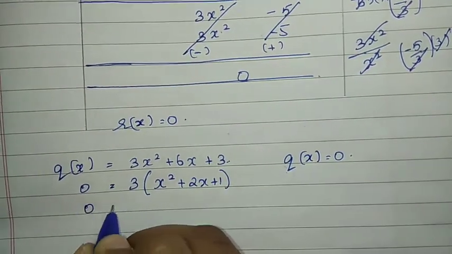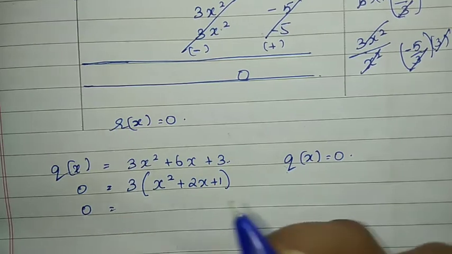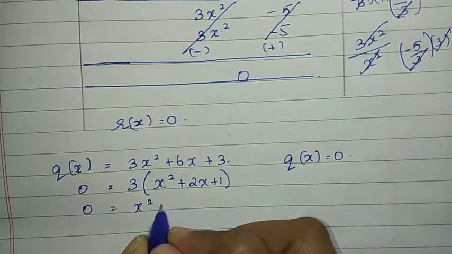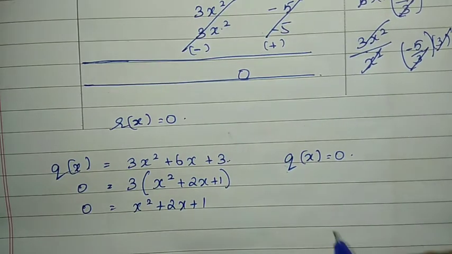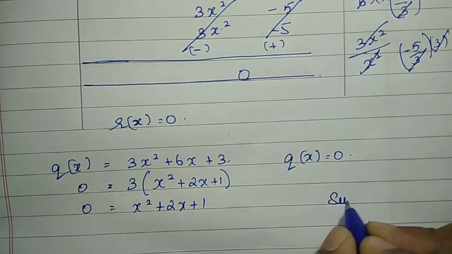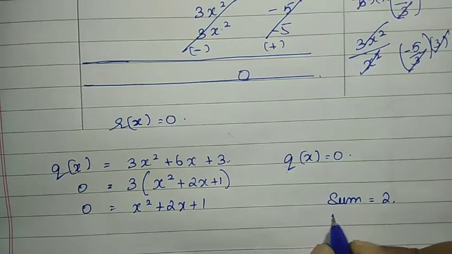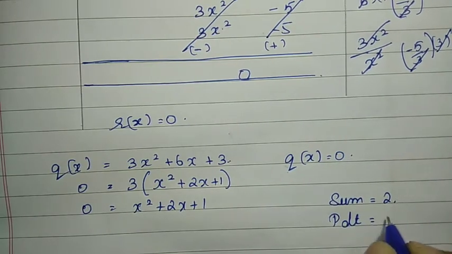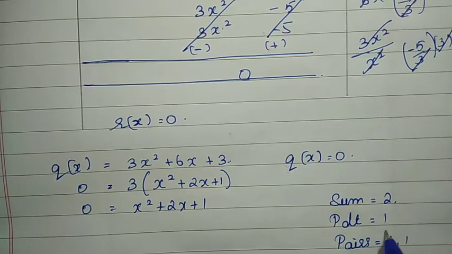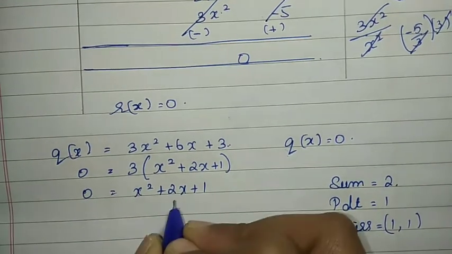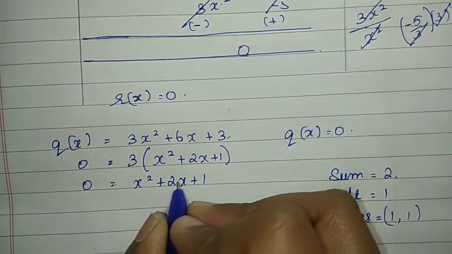In the next step, 0 by 3 is 0 only. So x² + 2x + 1. Okay, so I will take my sum as 2 and my product as 1. So my pair will automatically be 1 comma 1. Why? Because 1x plus 1x is 2x.